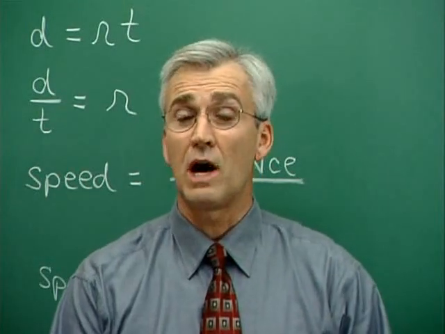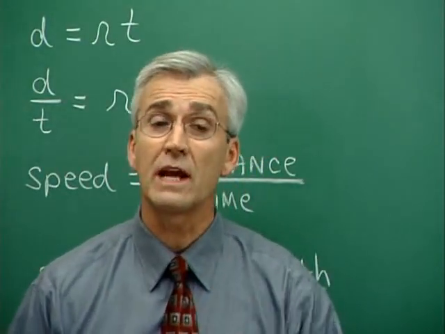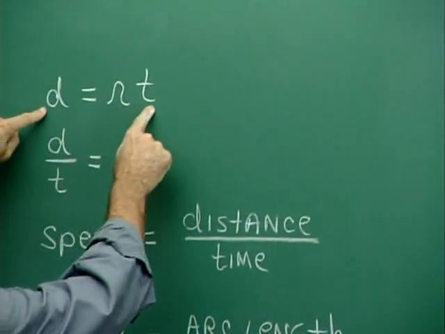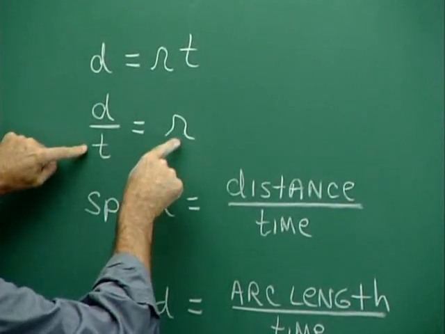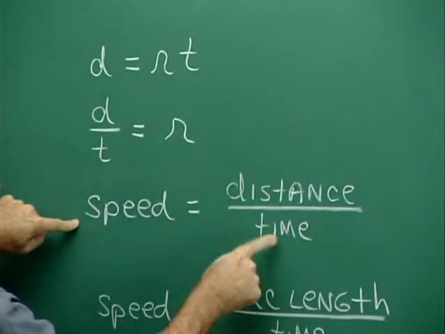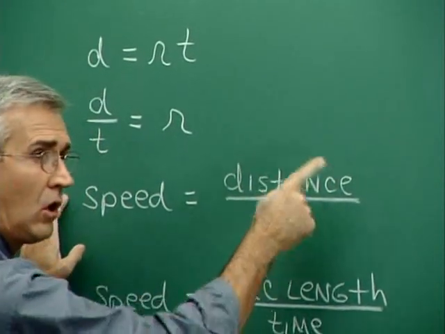Let's talk about some problems related to the information that we know to this point. Let me set the stage like this. We know that the distance formula is distance is equal to rate times time. And if I divide on both sides by time, I find that the rate is distance over time, or we can say that speed is distance divided by time. Now imagine the distance along a circle.